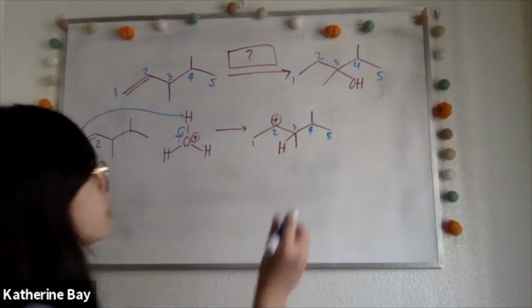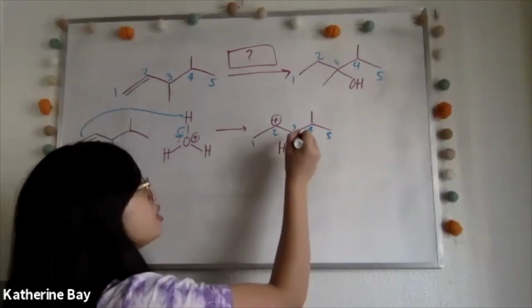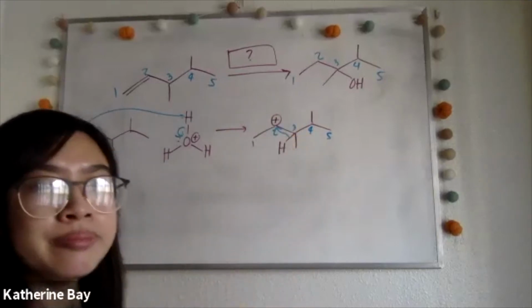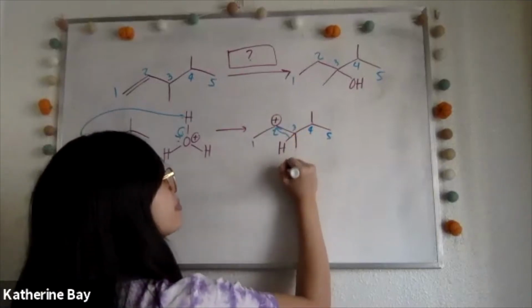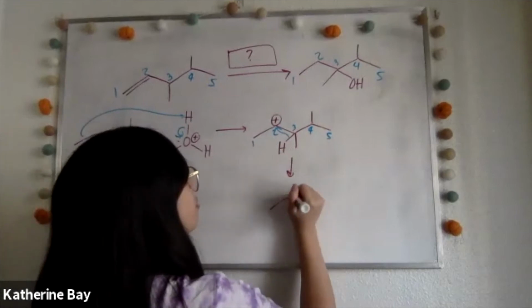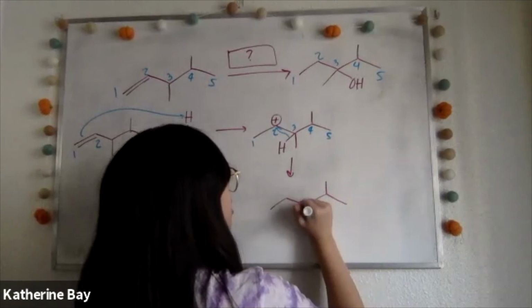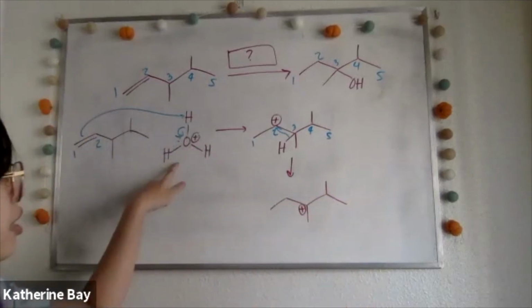So your arrow is going to go from the bond between the H and C3, and it's just going to go to the C2 position. Then from here, we form a new, more stable tertiary carbocation where water can attack.